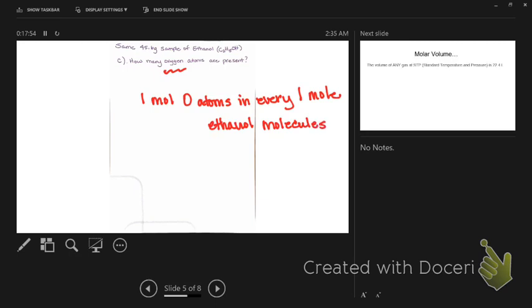Okay, that also means that there's 1 oxygen atom in every 1 ethanol molecule.